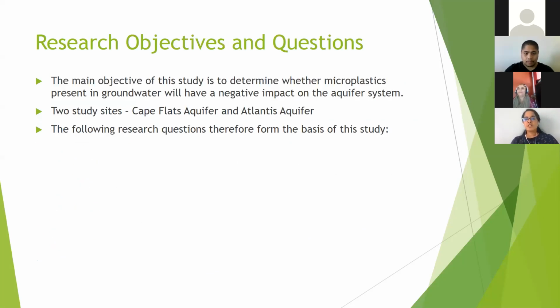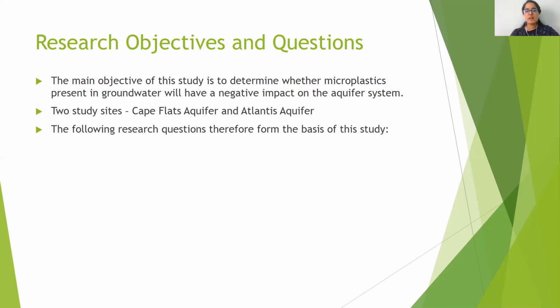So the research objectives and questions. The main objective of the study is to determine whether microplastics present in groundwater will have a negative impact on an aquifer system. I'll use two case studies: the Cape Flats Aquifer and the Atlantis Aquifer.